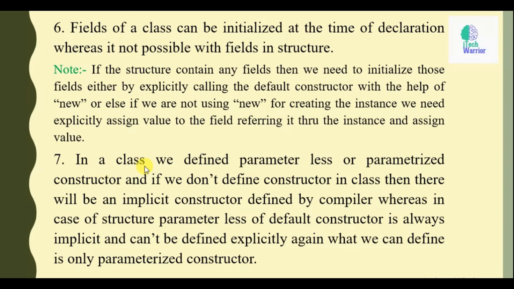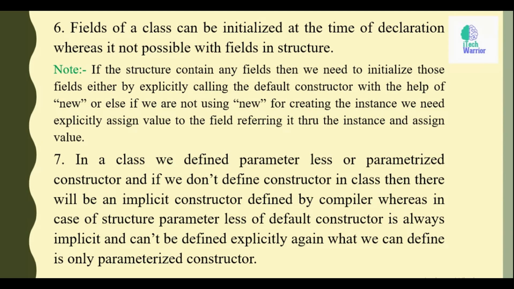In a class, we can define a parameterless or parameterized constructor, and if we do not define a constructor in the class, then an implicit constructor is defined by the compiler.